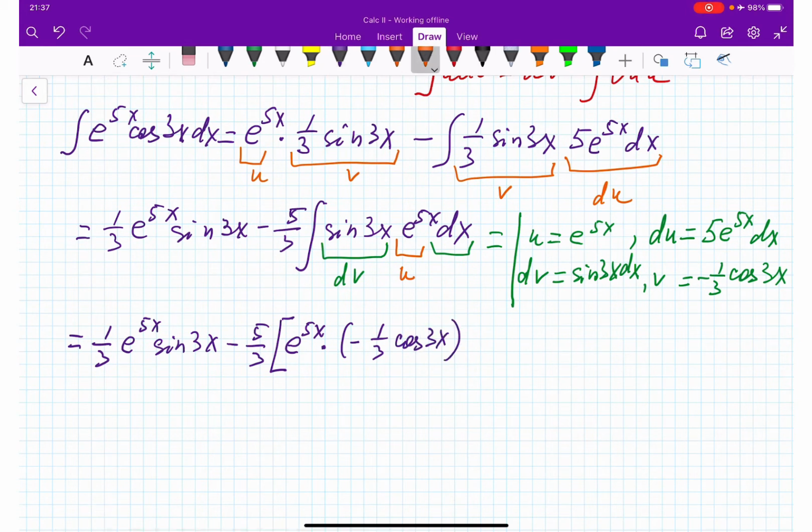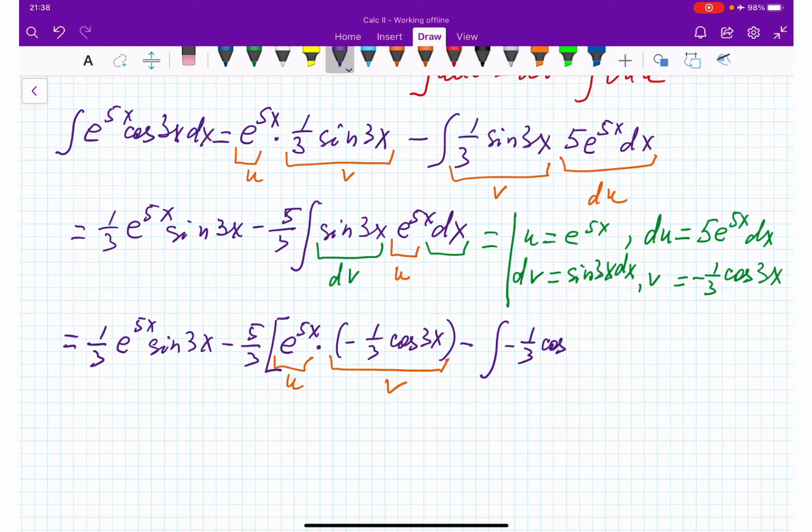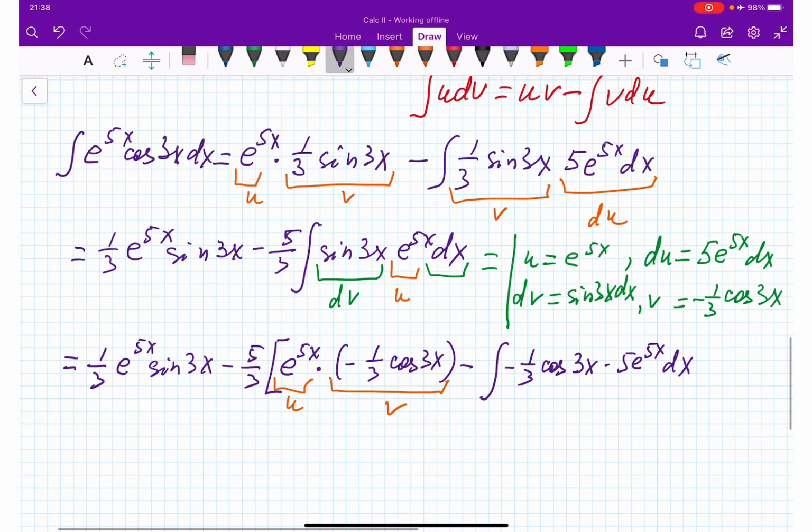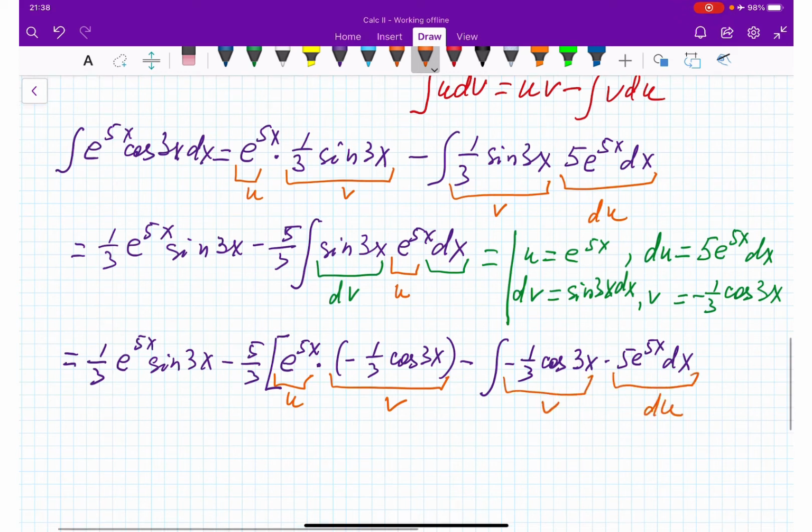Let me mark down, this is our u, this is our v. We're applying again uv minus v du. So minus integral negative 1/3 cosine 3x, and du, it's going to be 5 e to power 5x dx, right? So this is our v, and this is our du.